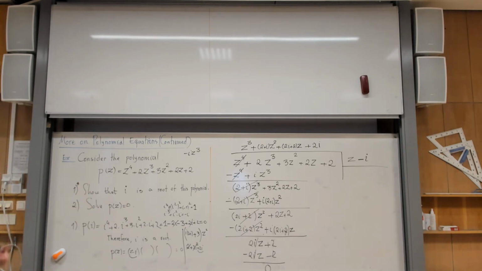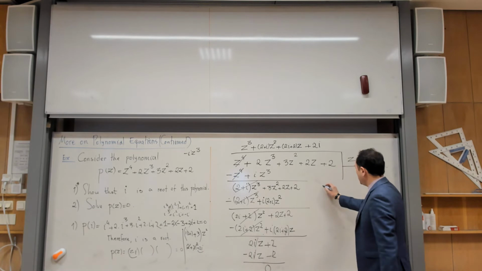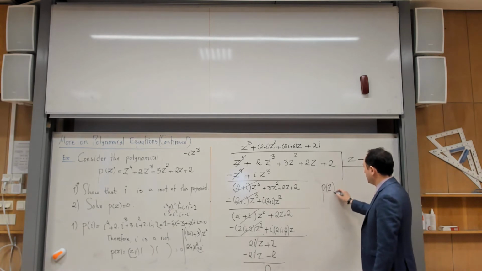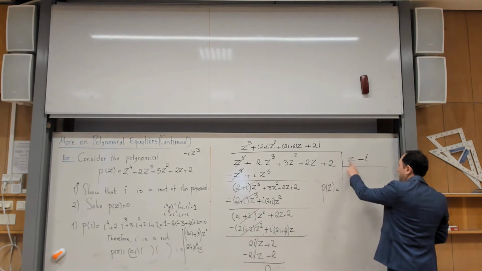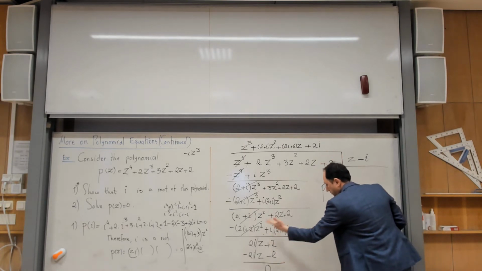But still, it doesn't help. Can you see why? Let us see. I can write that P of z is this expression multiplied by that expression plus the remainder, but the remainder is 0.